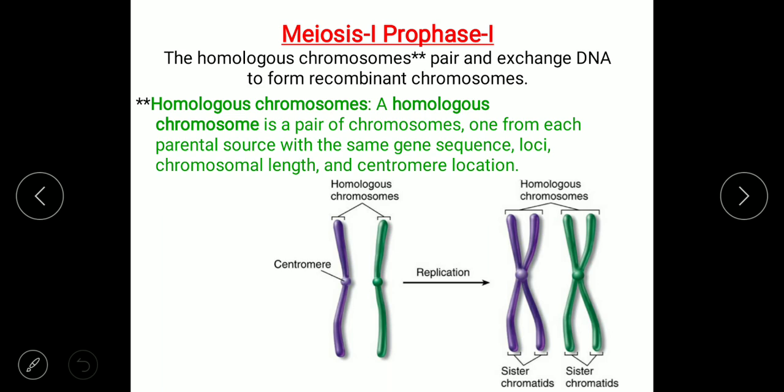Here we should understand the meaning of homologous chromosome. A homologous chromosome is a pair of chromosomes which comes from each of the parents. That means one from mother and one from father.